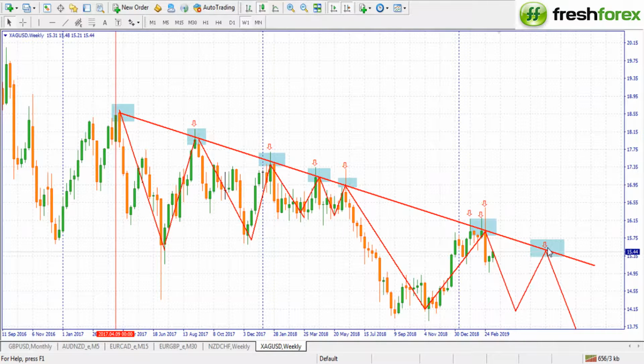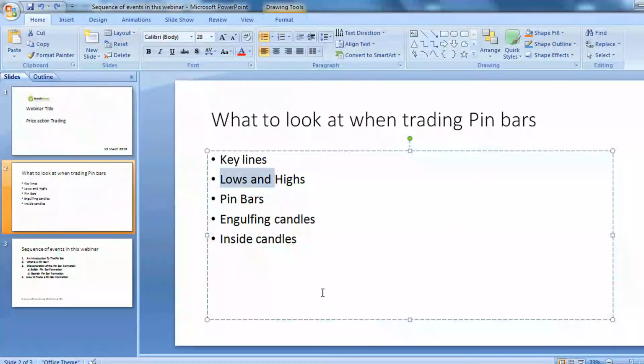One thing I'm going to mention here is what I said at the beginning: we are not only going to look at key lines or lower highs or anything like that. So far we've been looking at key lines all this time.